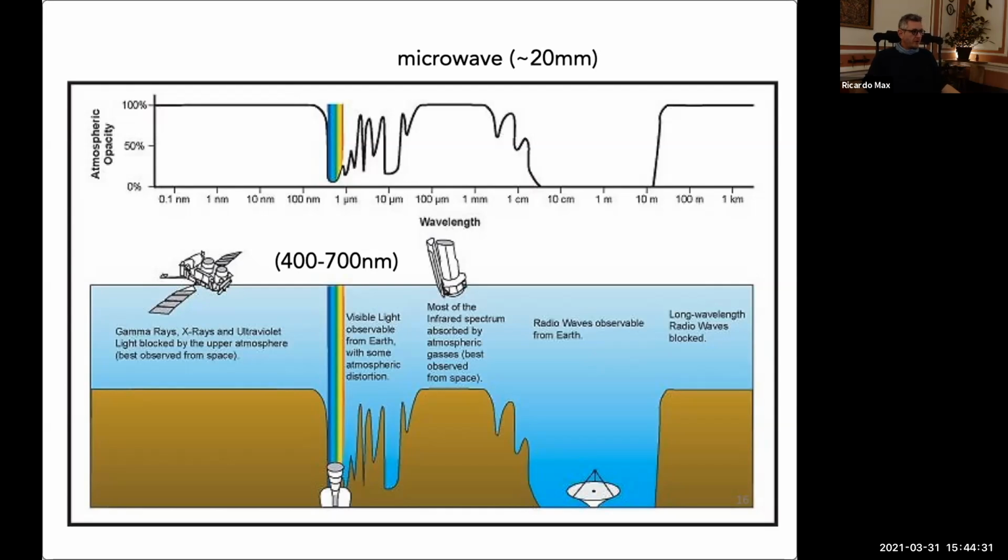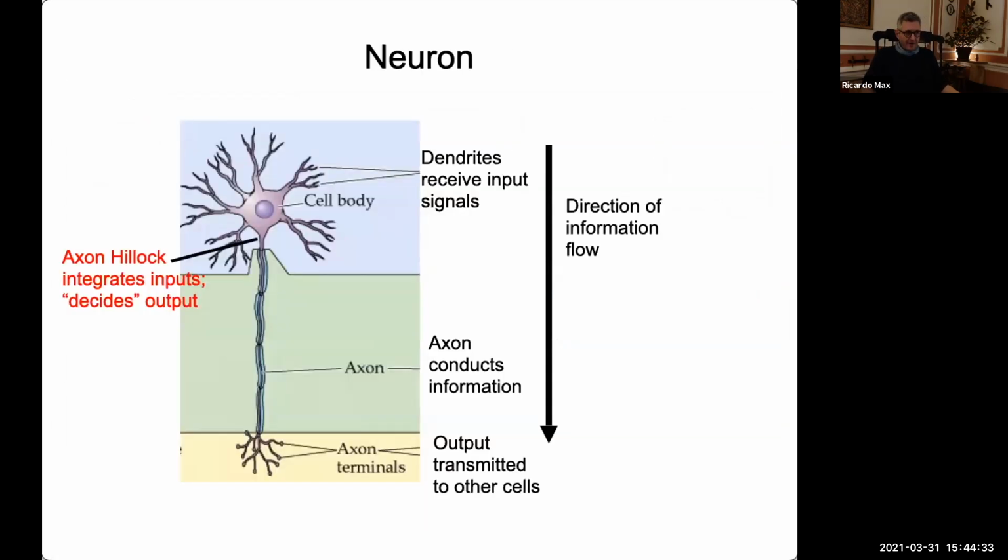Okay, we talked about neurons being very simple devices. All neurons have the same anatomy. We have the soma, the cell body, and dendrites for most cells inside the body.